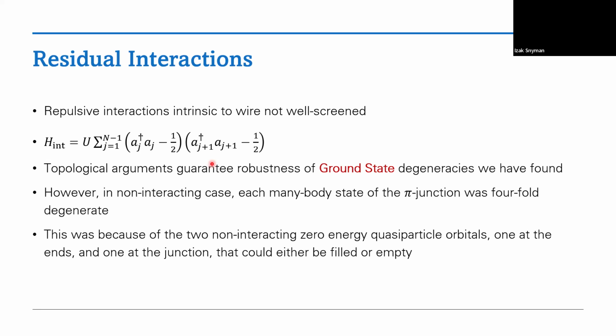That's because we have these two quasiparticle orbitals, and they commute with the Hamiltonian. So for every energy you can ask: is the one quasiparticle orbital full, and is the other one full?